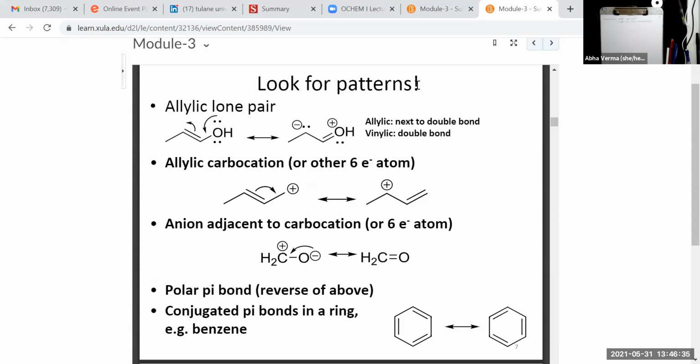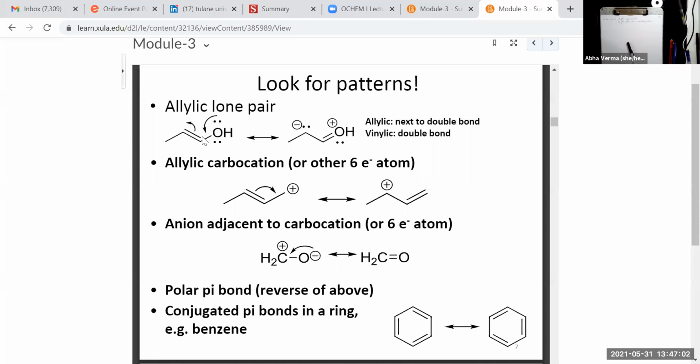But what I want you to memorize, besides the 4 rules, is to look for patterns. And if you remember, we have looked at allylic systems when we were doing constitutional isomers in module 1. So looking at all of the allylic systems, what is an allylic system?